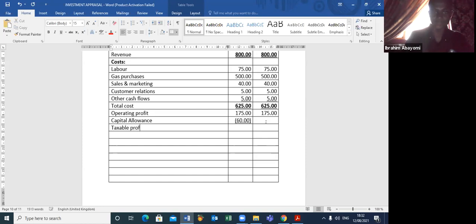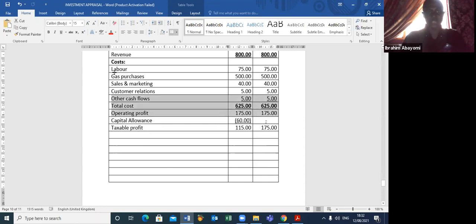Taxable profit. Now, you need to question what I'm doing here. You need to question it, but you are not doing that. This is 115.00 and this is 175.00. Now, you will see that it is not only this cash flow that we have now.